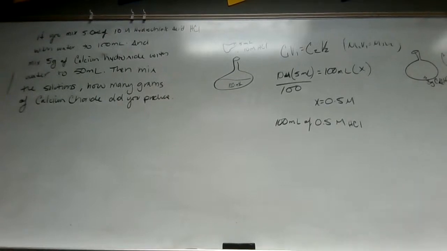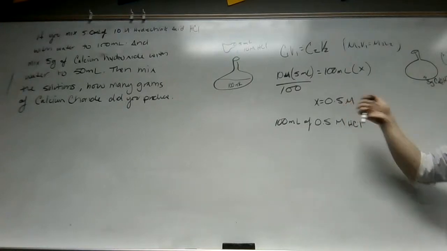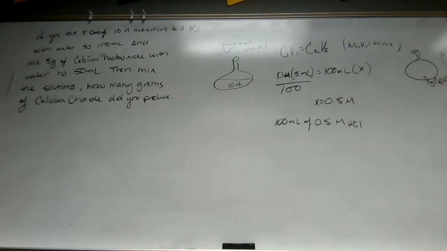Well, we've got grams. So what are we going to do to get concentration? You've got to convert it to moles. Always convert to moles, because remember, molarity is moles per liter. So we've got to get to moles.